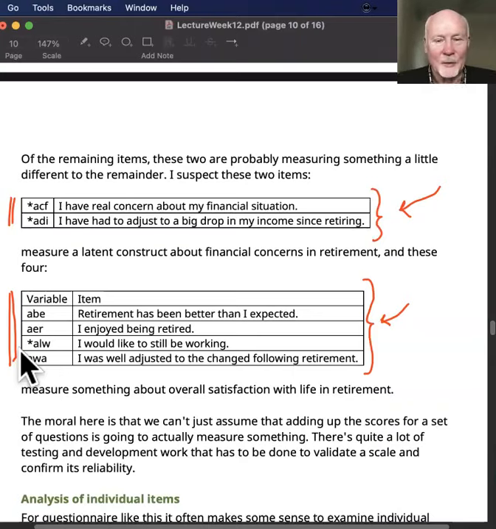That doesn't work. So you might try to reality check against other things, like, I don't know, people's anxiety levels, or something that might be related to retirement satisfaction.